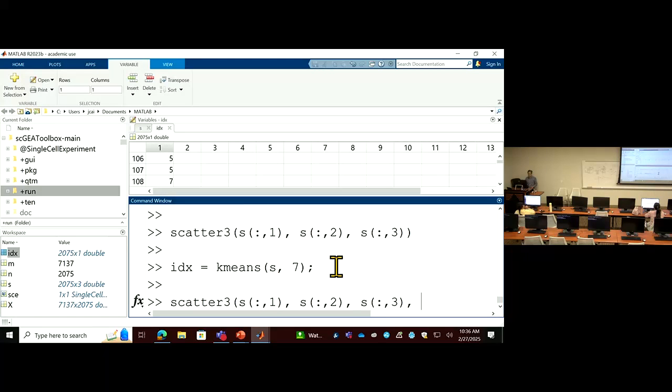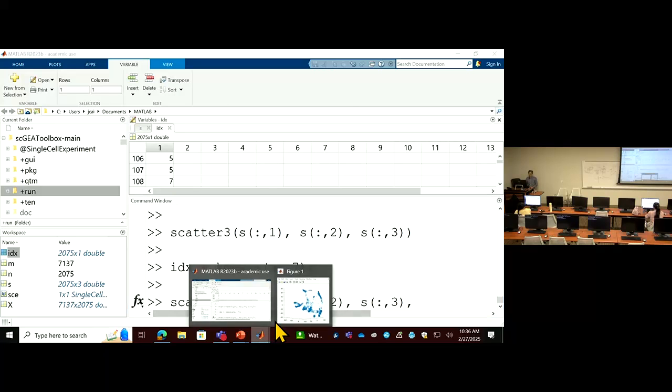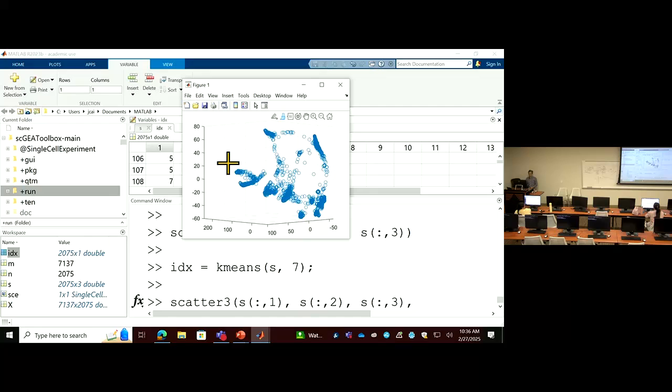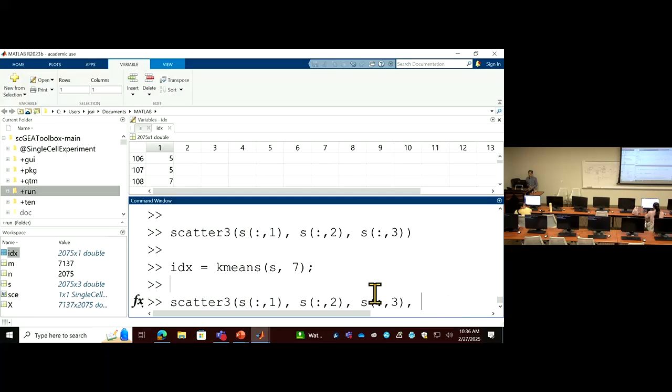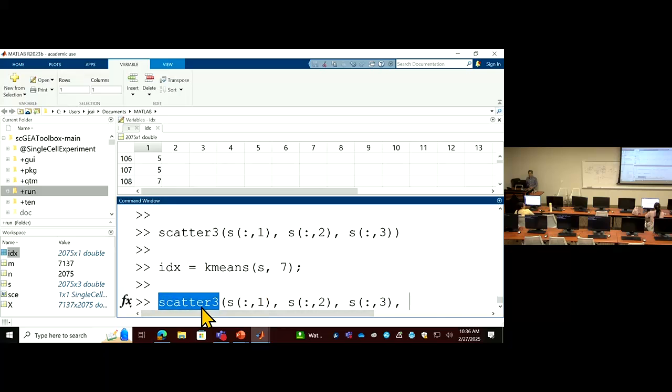Now we can use this index to color the cells based on their membership. For example, I want to color all the cells in group 1 using red, these using blue, and those using green, something like that. I can achieve this by using scatter3 and then adding the index somewhere.